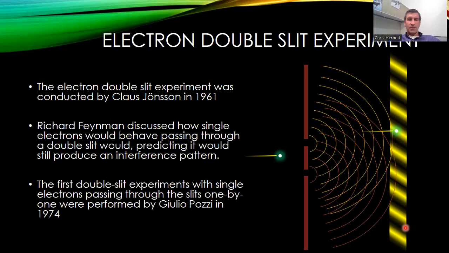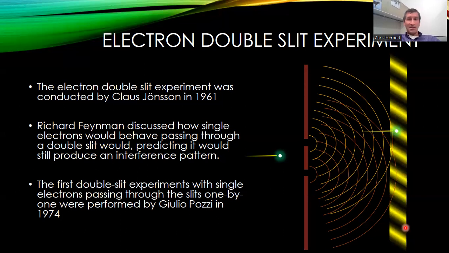Now, the electron double slit experiment was conducted by Klaus Jensen in 1961, where he was able to diffract electrons. But what's interesting is Richard Feynman, who's just a brilliant physicist who worked with quantum electrodynamics, talked about how a single electron would behave as it passes through a double slit.